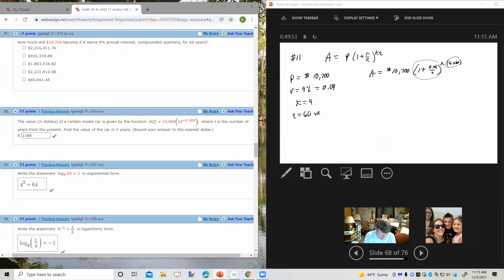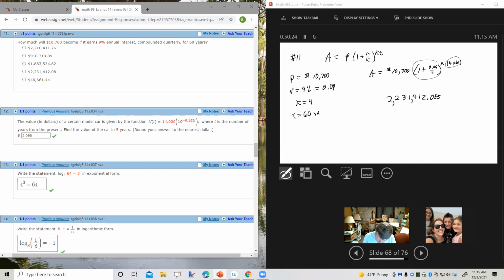10,700, oops, 10,700, parentheses, 1 plus 0.09 divided by 4, close that up, caret key, parentheses, 4 times 60, and I get 2,231,412.085. We're talking money.